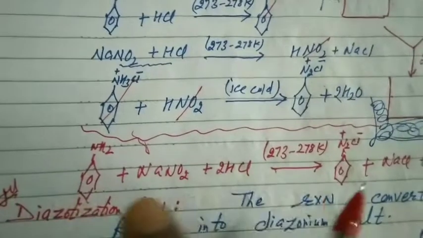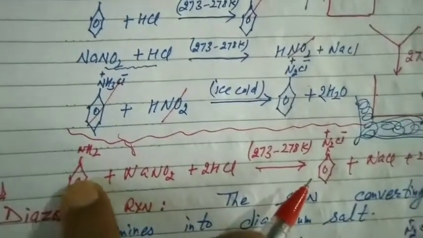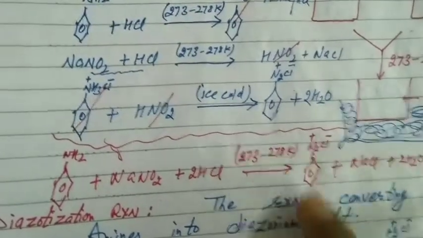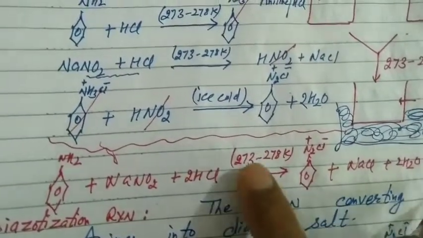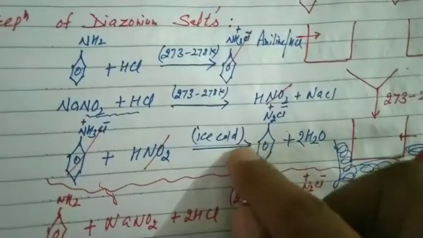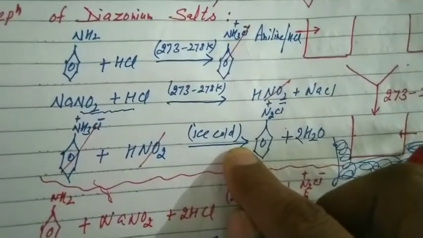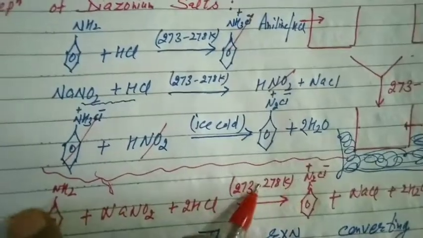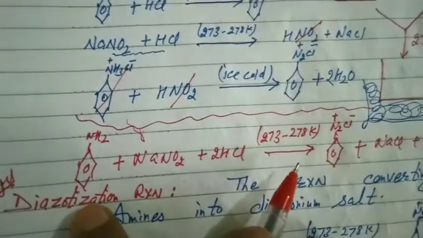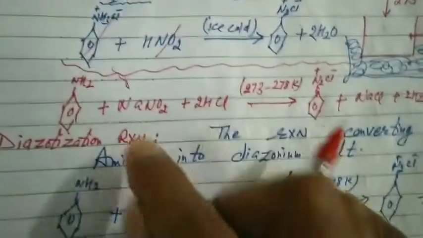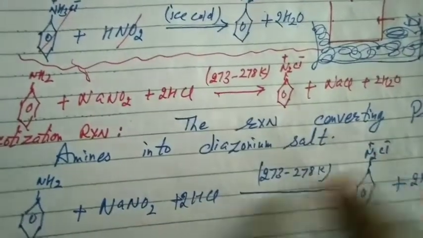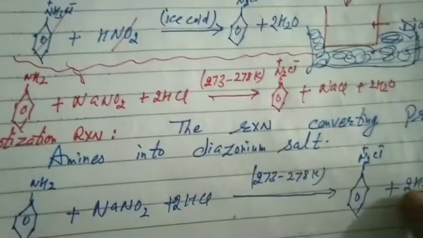Diazotization reaction: the reaction converting primary aromatic amines, aniline being a primary aromatic amine, into diazonium salt under ice cold conditions. It is mandatory to write ice cold condition. What we saw is just the mechanism, a detailed study of this reaction. What is the diazotization reaction? Directly you have to go for this equation. As the name indicates, in this reaction diazonium salts are prepared by treating aniline with NaNO2 and HCl. Diazonium salt is obtained, with NaCl as byproduct.